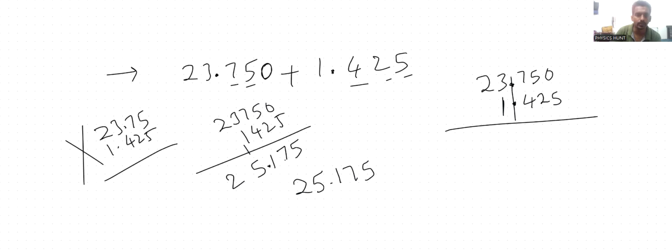For example, let me tell you one more example with subtraction. Suppose you consider one number is 125.75 minus 64.257. Now here 3 are there, here 2 are there.